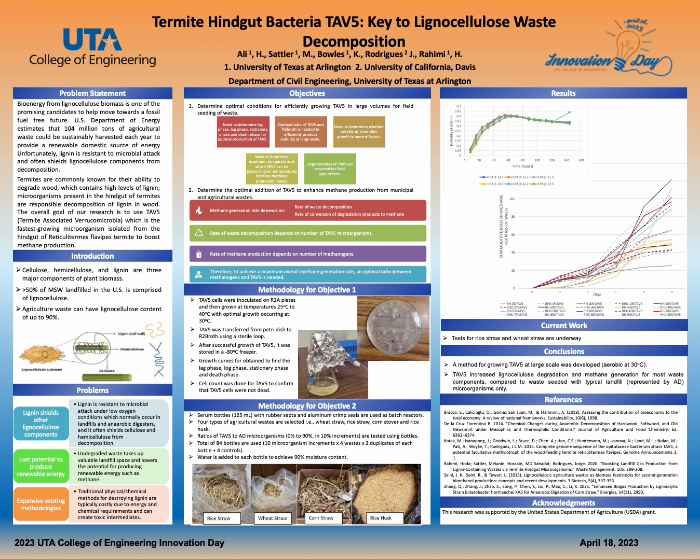More than 50% of municipal solid waste landfilled in the US is comprised of lignocellulose, and agricultural waste can have lignocellulose content up to 90%. Coming towards the problems that we are currently facing, the first and major problem is lignin, which shields the other lignocellulose components like cellulose and hemicellulose and protects them from decomposition.